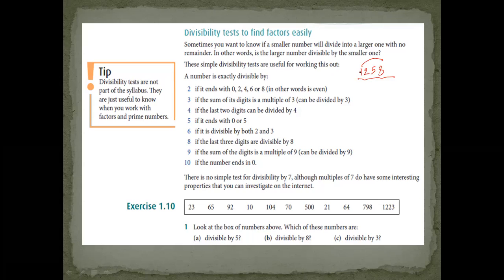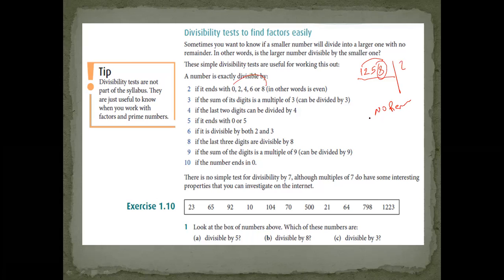Can we divide it by 2 without remainder? Yes, exactly, because the last digit of this number is 8. 8 is an even number. So if our number's last digit is even, this number is divisible by 2 without remainder.